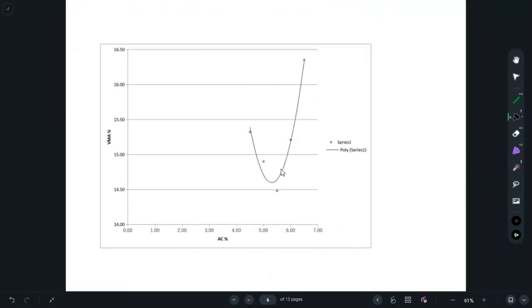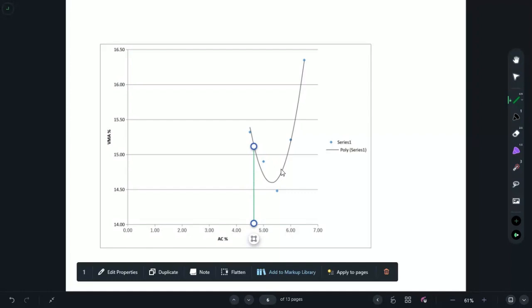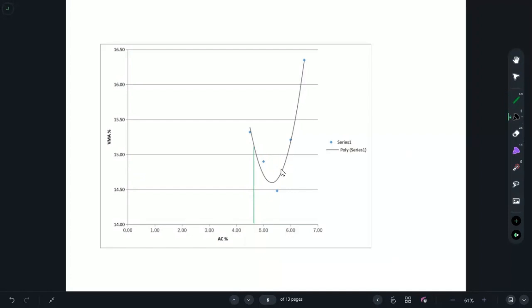So the second criteria is VMA percentage. We'll find VMA percentage for 4.65 percentage of asphalt. So let's say 4.65 is somewhere over here. For that, we'll get a value like that. So it is more than 15%. Let's call it 16%. No, it should be 15.5 and below.